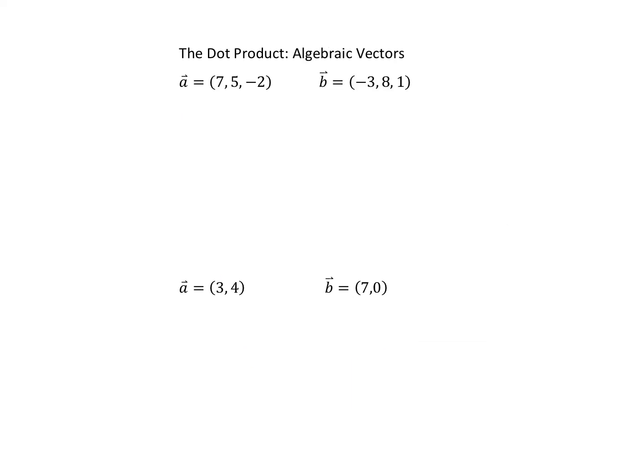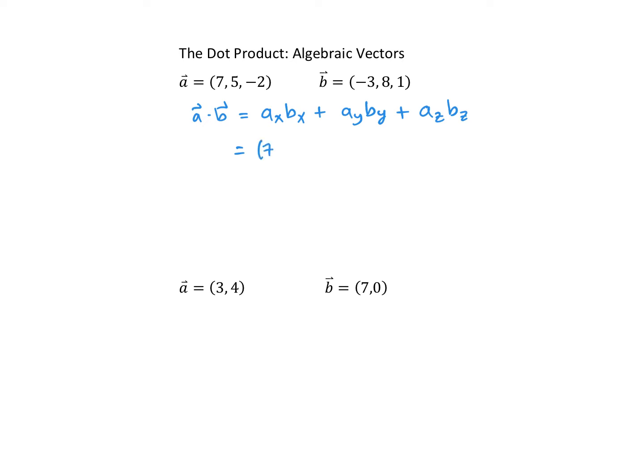We can also look at the dot product when the vectors are in algebraic form. Let's do A and B here. A dot B is going to equal the x component of A times the x component of B, plus the y component of A times the y component of B, plus the z component of A times the z component of B. That's another way to find the value of the dot product.